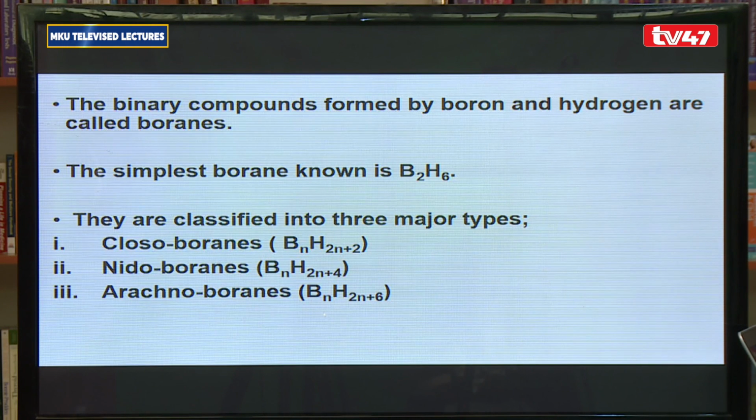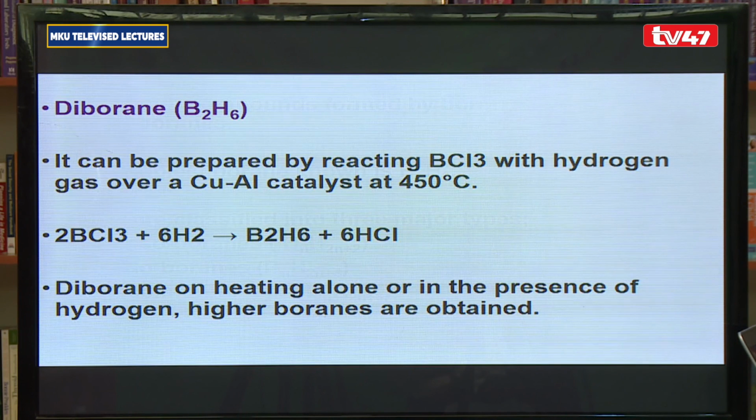So the boranes are classified into three major types. We have the closoboranes, where you have BnH2n+2. You have nidoboranes, where you have BnH2n+4. And you have arachnoboranes, where you have BnH2n+6. So the boranes are important as reducing agents in the laboratory.